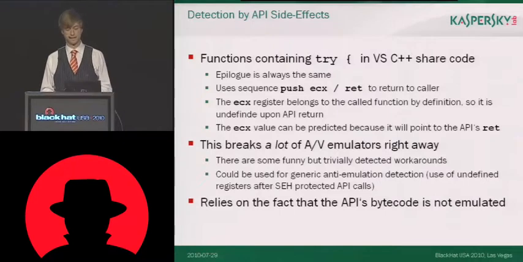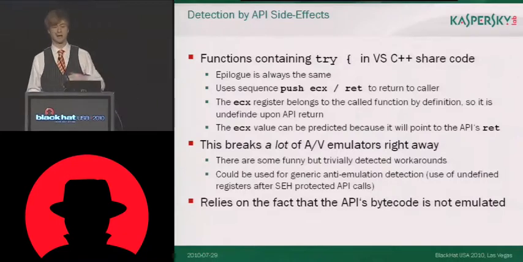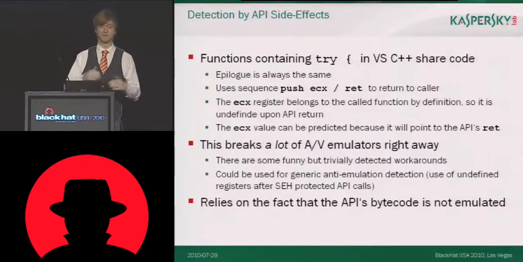The whole detection relies on the simple fact that all these antivirus emulators don't execute the API's bytecode itself, but have, in the host system, their own implementation of the API. If we can get around this limitation of not executing the API's bytecode, we won't be detectable by this.